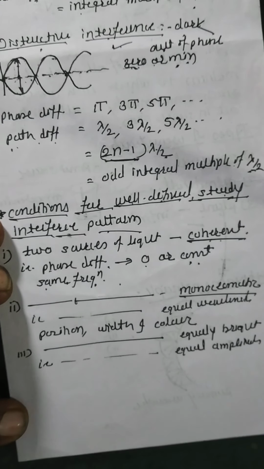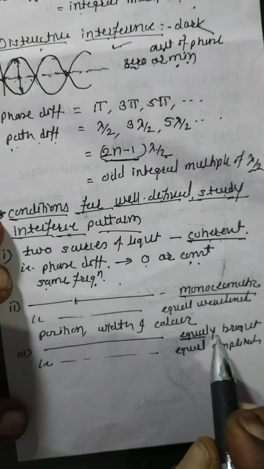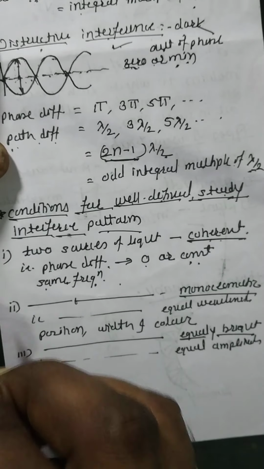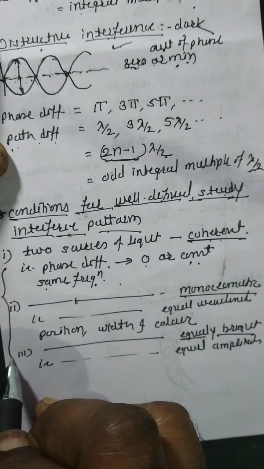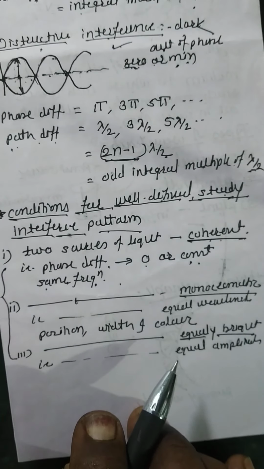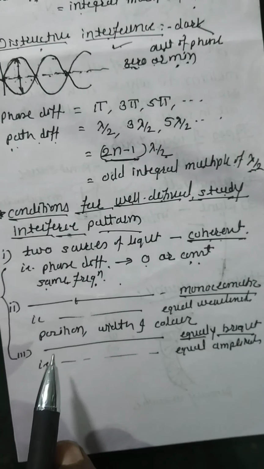If the amplitudes are not equal, then the intensity of the dark fringe is not 0 and the contrast between bright and dark fringes is not maximum, and hence the two sources of light must be equally bright. These three conditions are very important. Actually there are some more conditions, but these three are very important.